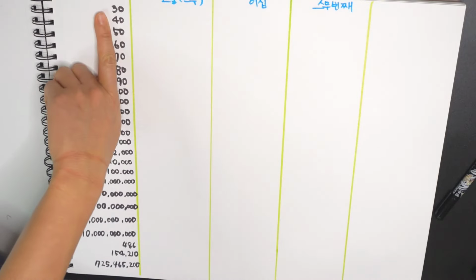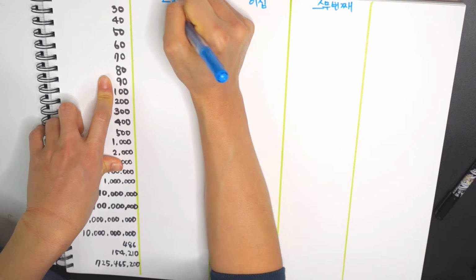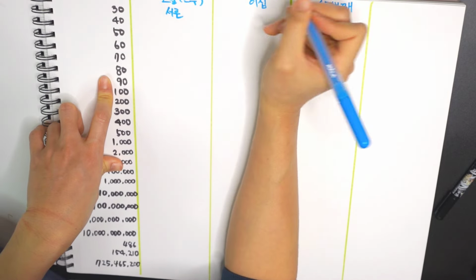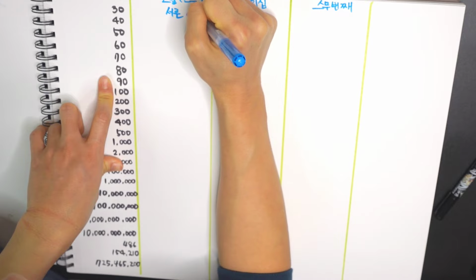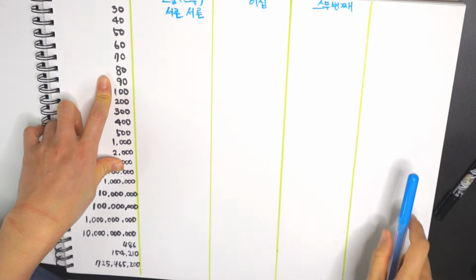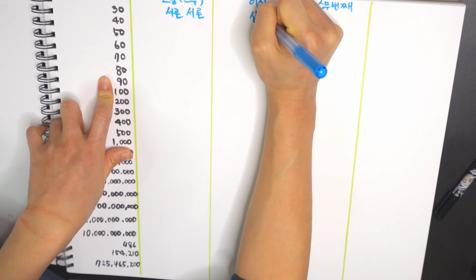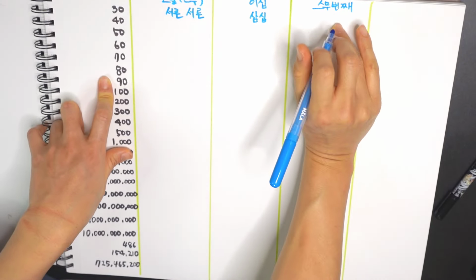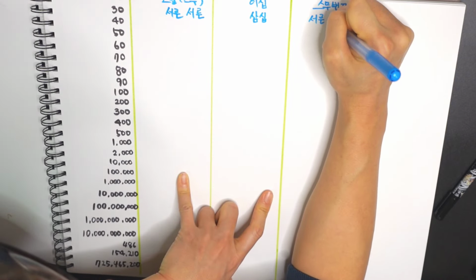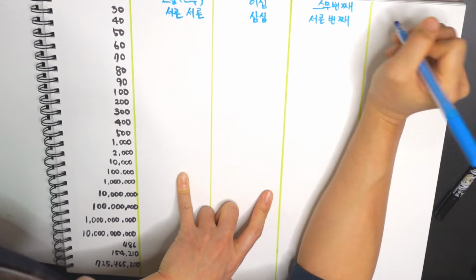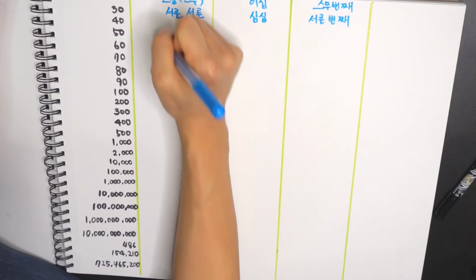Okay, and what about 30? We do 서른. It's very important. Let's write it again. 서른. Okay, 서른. And for 30, we have 서른 번째. Okay, and for 40, we have 마흔.